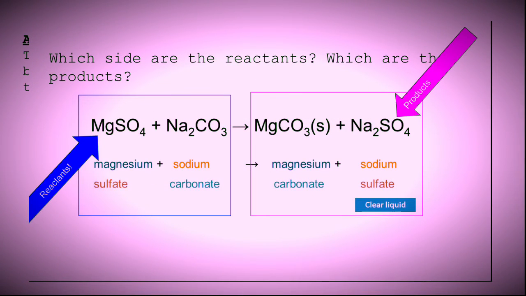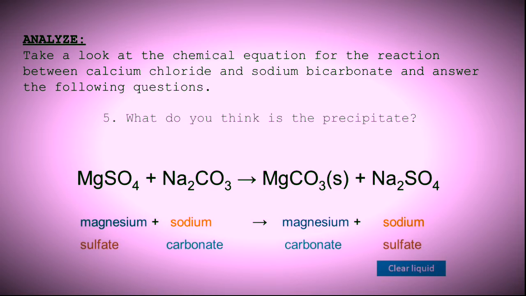Okay, let's take another moment to just examine our reactants and our products from this chemical equation. So we started with magnesium sulfate and sodium carbonate. We added those 2 colorless solutions together, and our product is magnesium and carbonate plus sodium and sulfate.